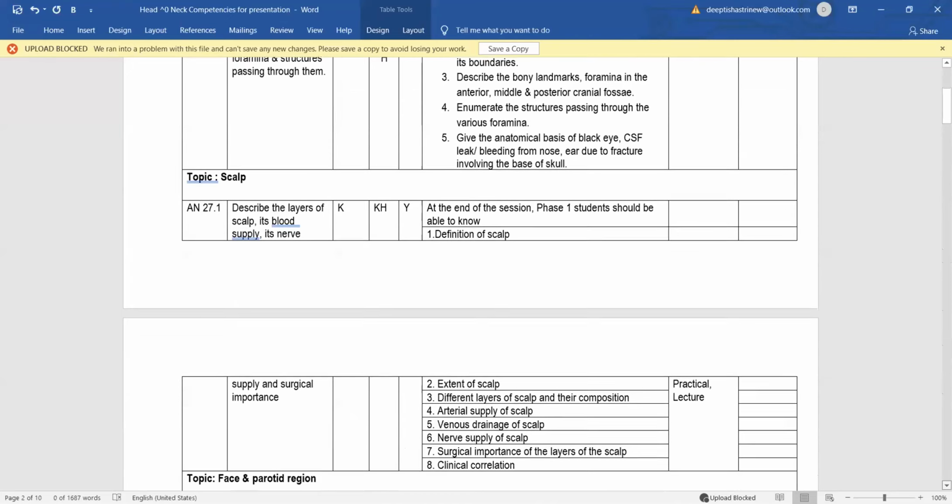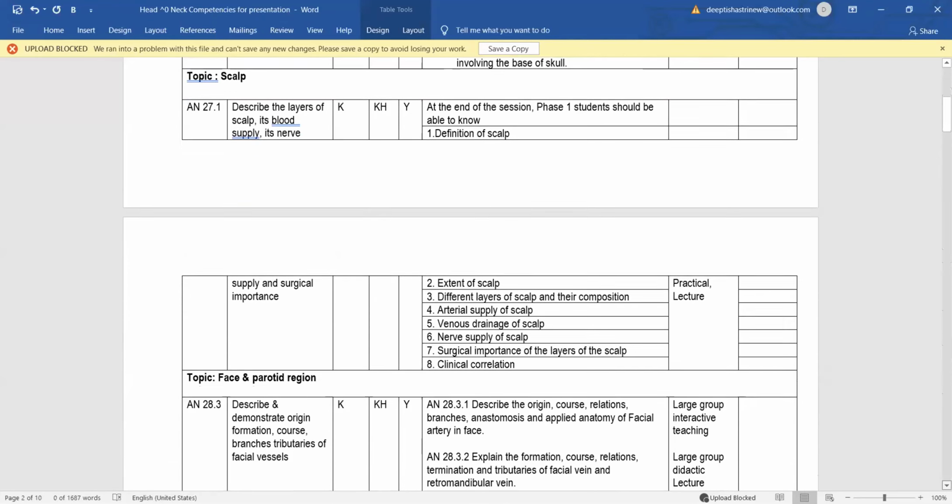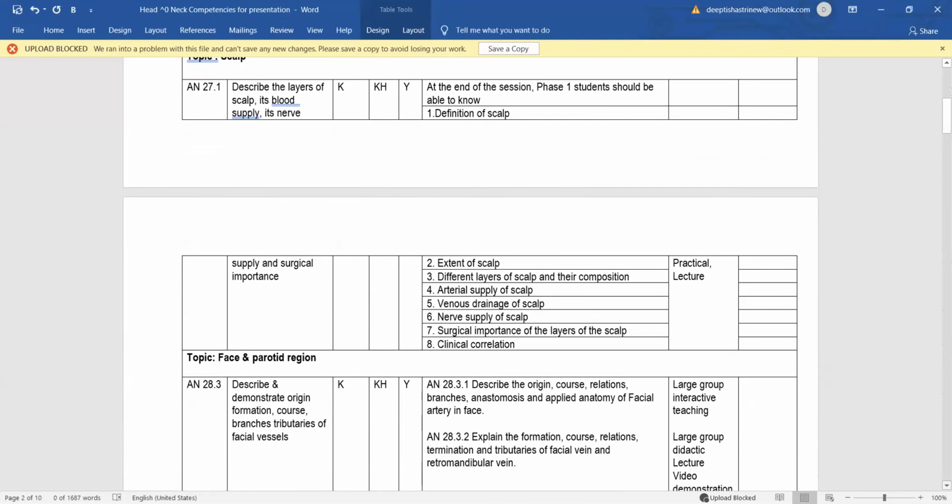Good evening to one and all. The competency is AN 27.1: describe the layers of scalp, its blood supply, its nerve supply, and surgical importance. It is knowledge and know how, and a core competency.